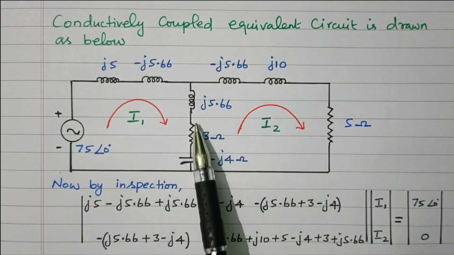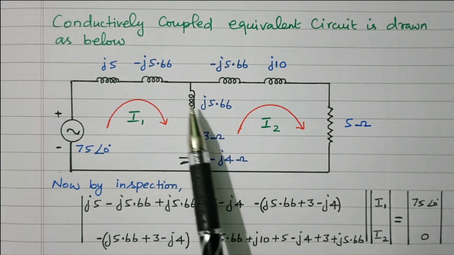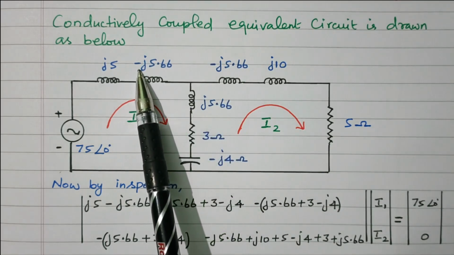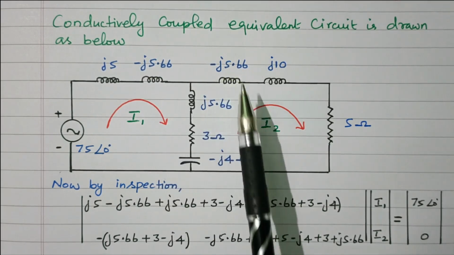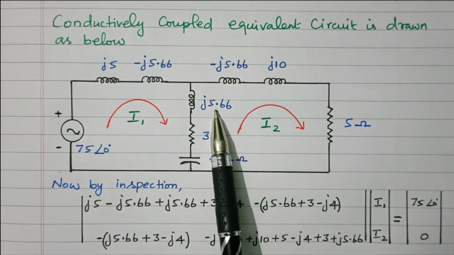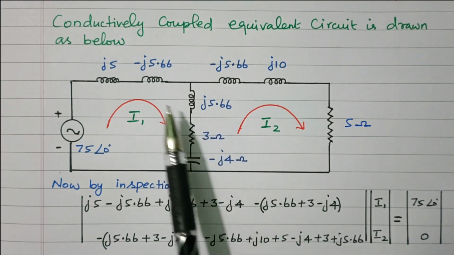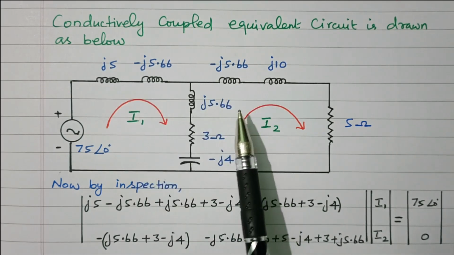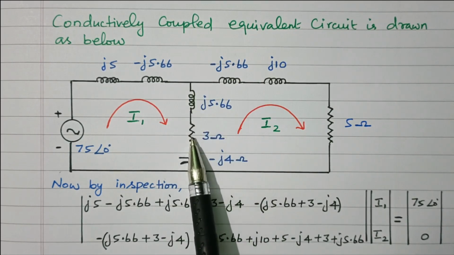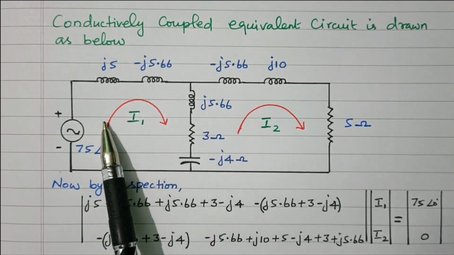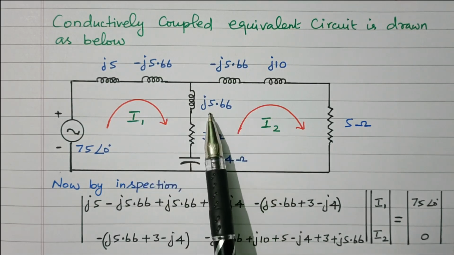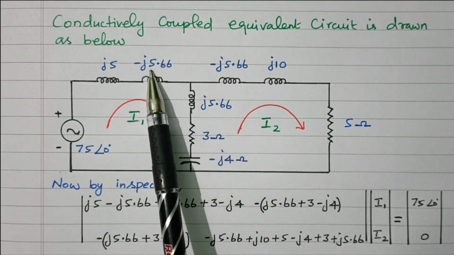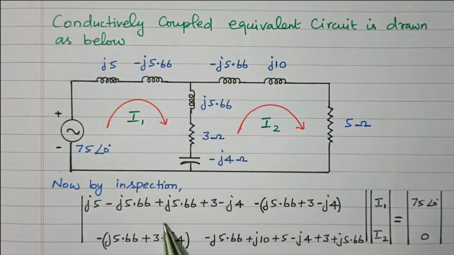This is commonly available. In order to compensate, it is subtracted with minus j 5.66. Here also minus j 5.66. So this 5.66 is nothing but mutual inductance between these two inductors. So it is connected commonly. This is called a coupled circuit. Coupling between the two inductances. So it is added. In order to compensate, it is subtracted on both the sides.